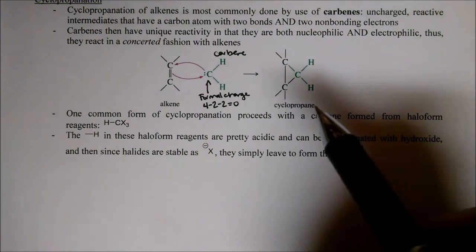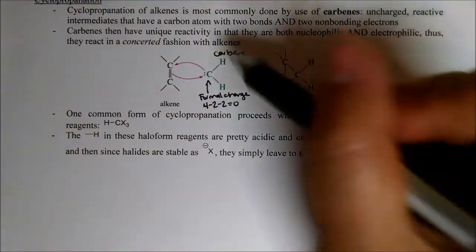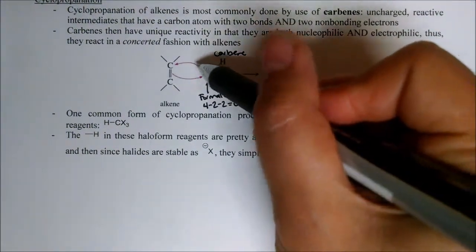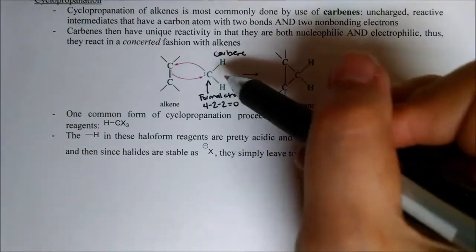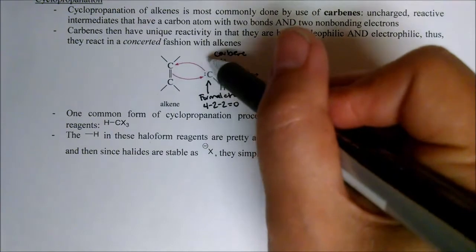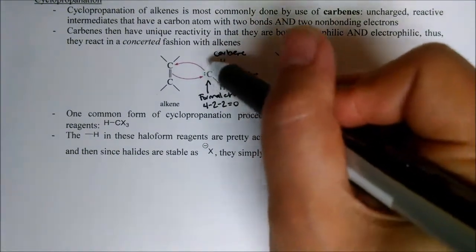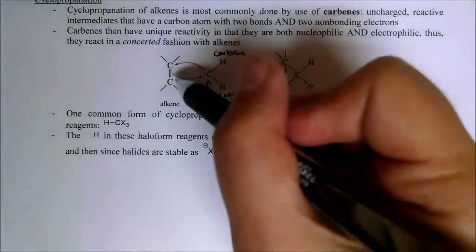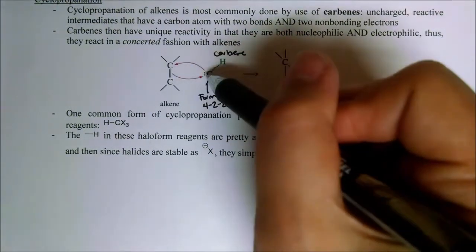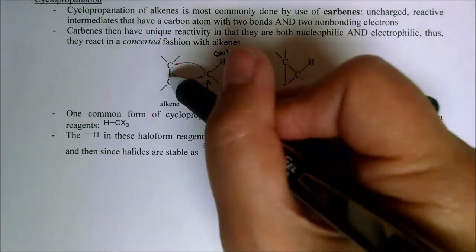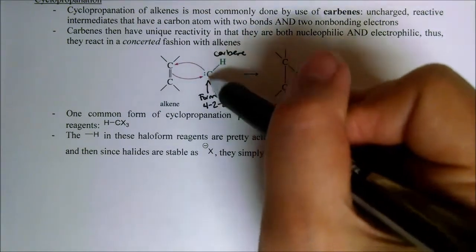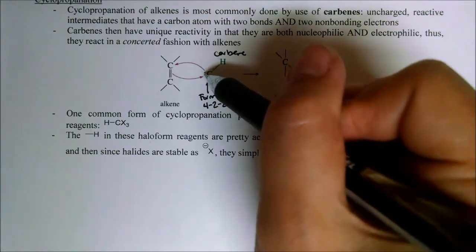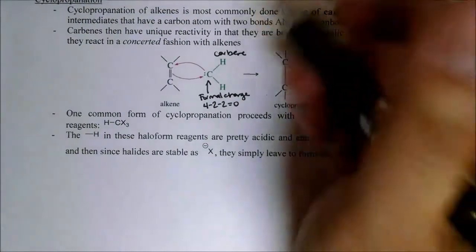He's neutral. But what's really cool is that he's got this lone pair, which can be a nucleophile. But you can see he's also only got 3 groups here. He does not have a full octet, and so he's got this empty p orbital, which acts as an electrophile. So he can get attacked by a nucleophile at that empty p orbital, but we can also use the lone pair to do the attacking.